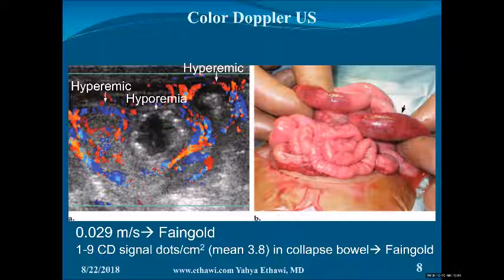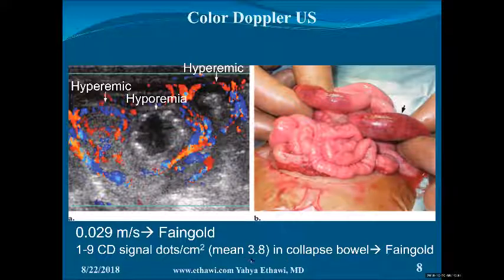hypoemic phase. He used a pulse Doppler and put the gate, if you remember the gate, at 0.029 millisecond. If you do that at 0.029 millisecond and you only find 1 to 9 color Doppler signals, then this is probably normal.